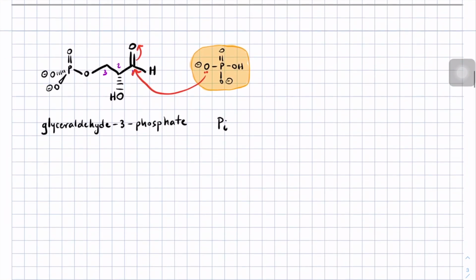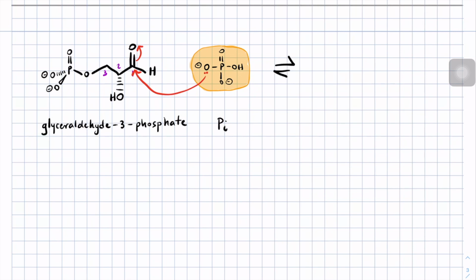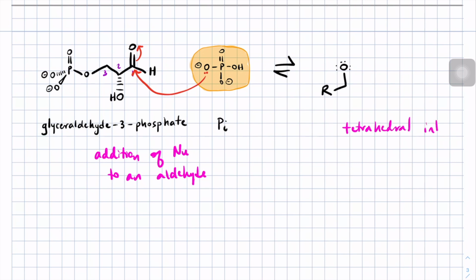The intermediate there, and I'm going to start abbreviating things to only show the relevant parts of the structure. So, let's see, sorry, this step is just addition of a nucleophile to an aldehyde. What you have here is the tetrahedral intermediate.